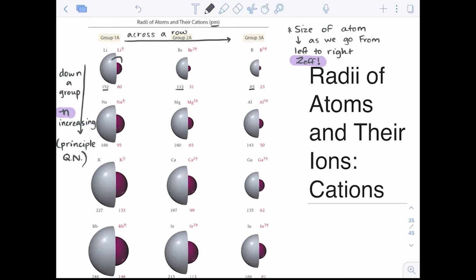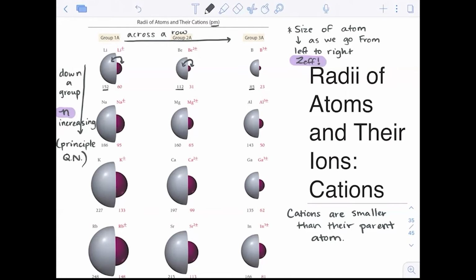If we look at the relationship here, lithium to lithium plus 1 cation, or beryllium to beryllium plus 2 cation, cations are always smaller than their parent atom. And the reason for that is because when a cation forms, they are losing electrons.